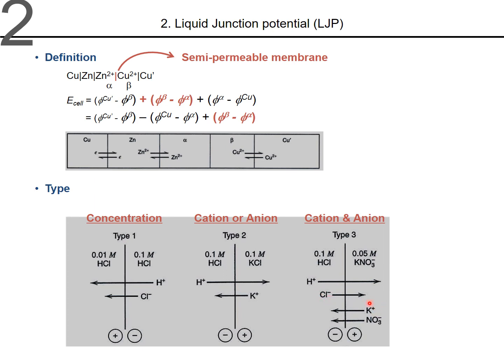However, potassium and nitrate ions are moving to the left side. However, the mobility of proton is much higher than the mobility of chloride minus, K plus, and nitrate anion. So the right side is positive, left side negative. So some potential is developed between them.